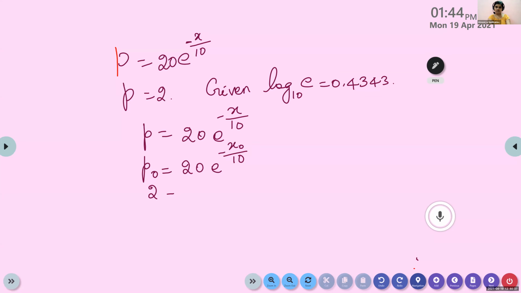Took 20 to the other side. So 2 is equal to 20 e raised to minus x naught by 10. If you take this 20 to the other side, 2 by 20 is e raised to minus x naught by 10. So we will get 1 by 10 is equal to e raised to minus x naught by 10. Then what is the next step?